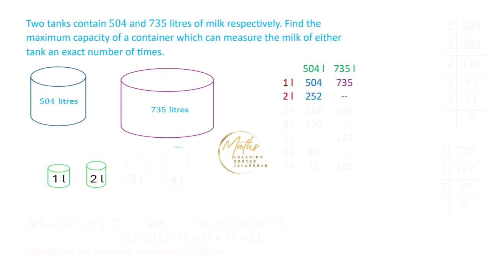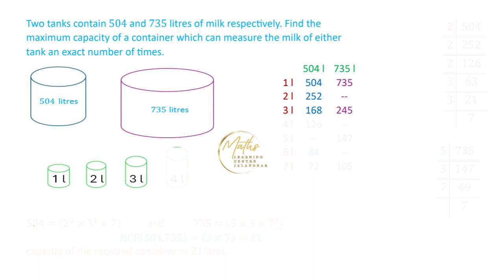Next we move on to the container whose capacity is 3 liters. If we use this 3 liter container, it can measure 504 liters; we have to use it 168 times, and to measure 735 liters we have to use it 245 times.